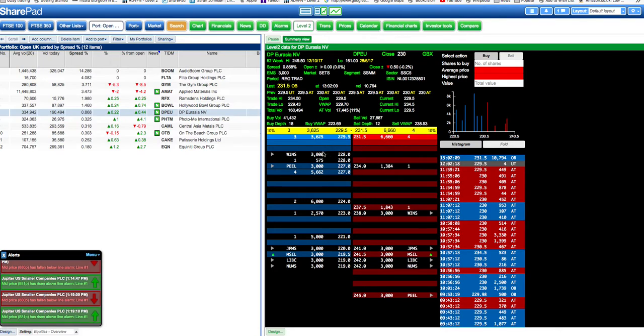The next thing that's going to happen is the market makers, who are obligated to remain in the market, buying and selling, are going to bring these prices right back. Certainly Winterfloods and Peel are going to come right back into this crowd here. So let's say Winterfloods brings the price back to 220. So at the TER, the price is 220.